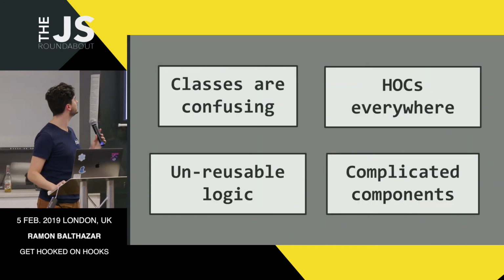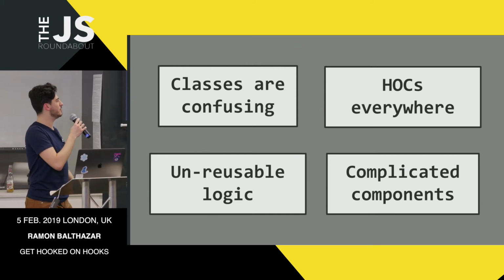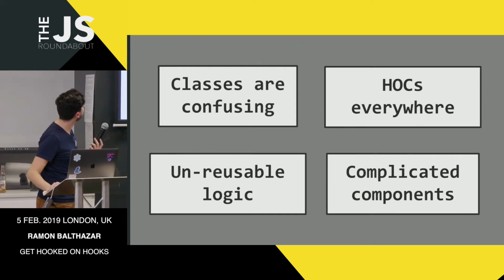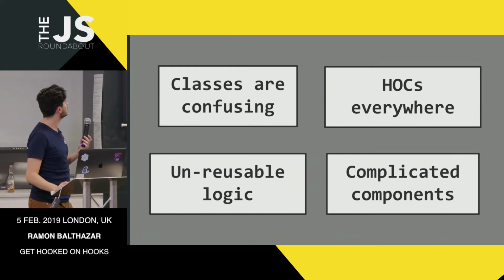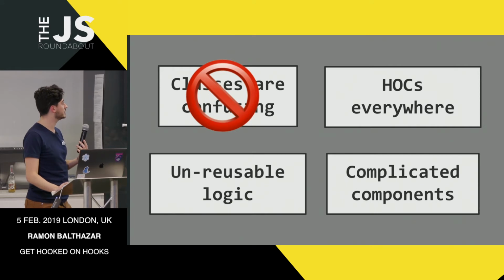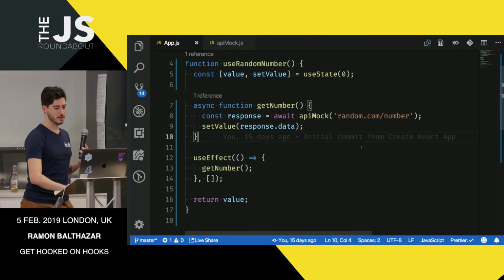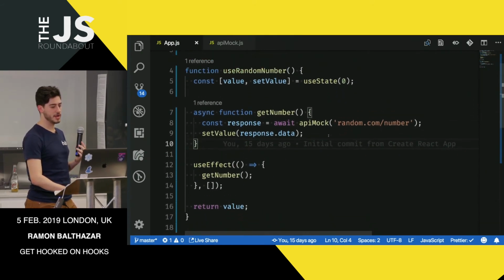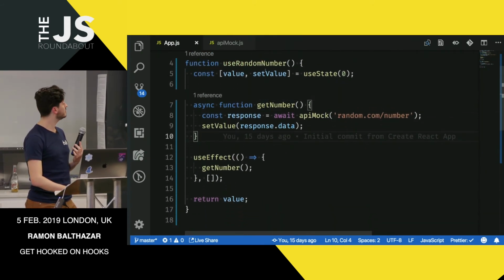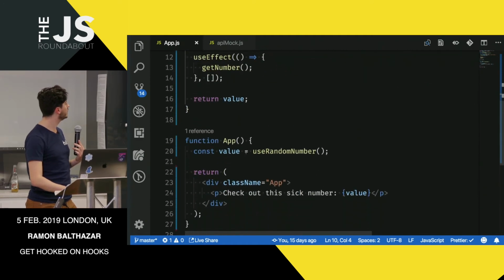What else? I pointed out 4 things that bother me, and I reckon they bother a lot of people here too. I'm going to show you how hooks fix everything. Classes, we don't need them anymore. We have hooks. Higher order components: I just showed you that we can create a function that fetches stuff, and you can just call it in your function.